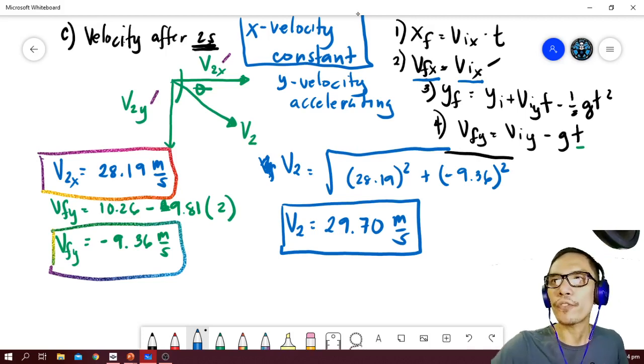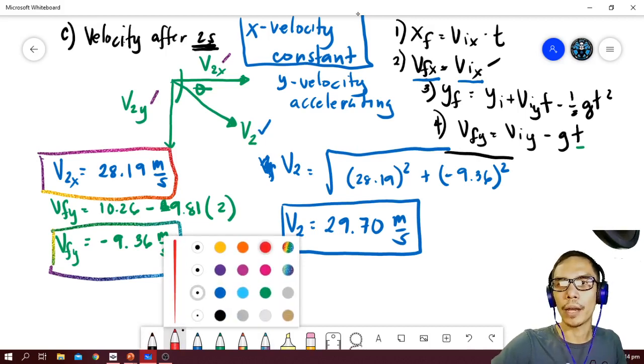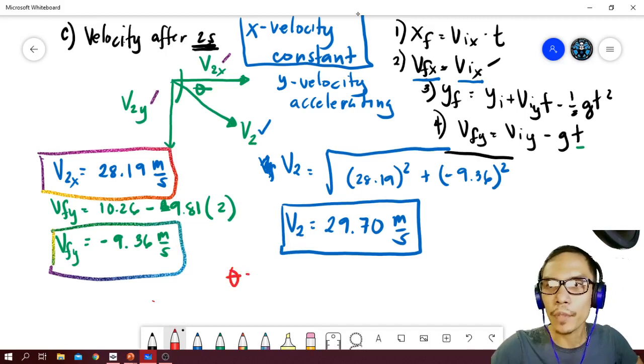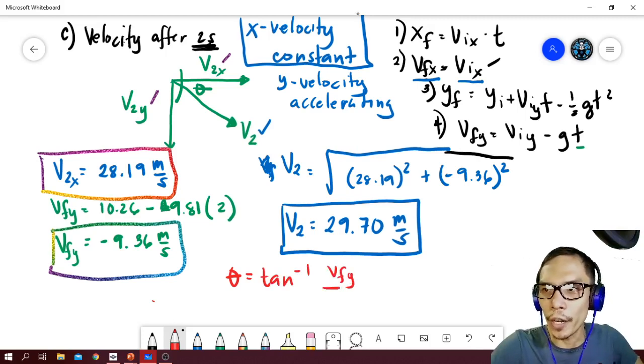Next one. We already finished with this one. How do we find the angle? How do we find the direction? In order to find the direction, we will use the formula theta is equal to tangent negative 1 of V sub 2y over V sub 2x.